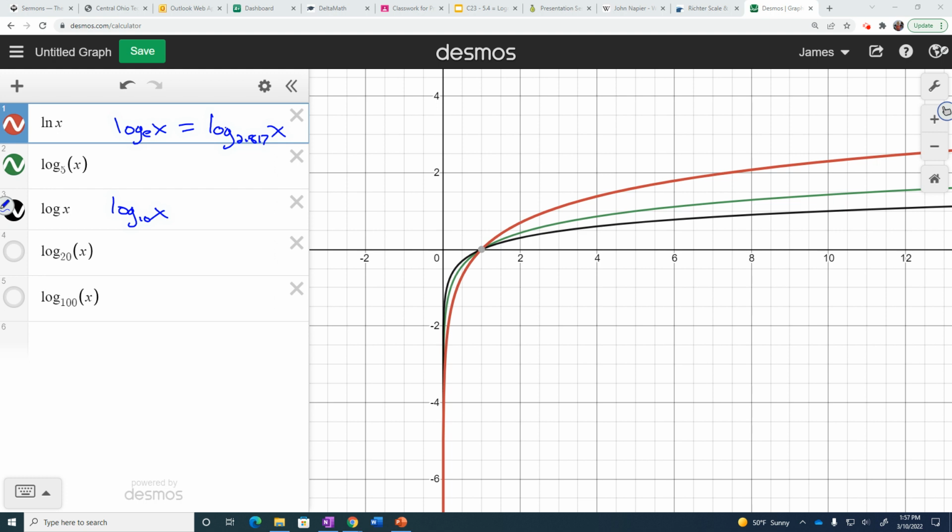If I did log 20, or log 100, same thing. They all look the same, it's just how steep it is. When you're sketching it, you're not going to know the difference between a log 5 and a log 10, so don't worry too much about it. Just note that it goes down here, crosses, goes like that, and approaches here and never crosses 0.